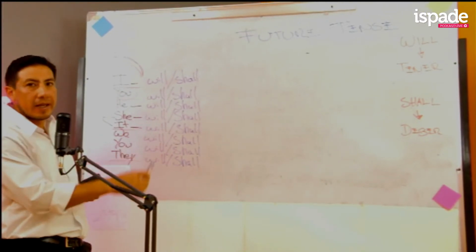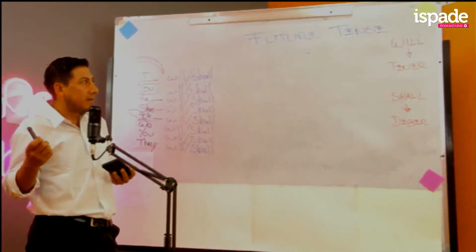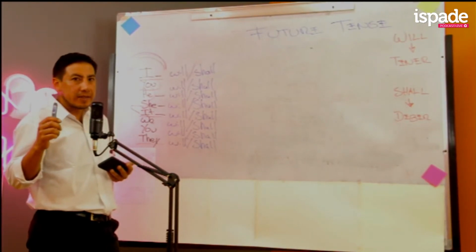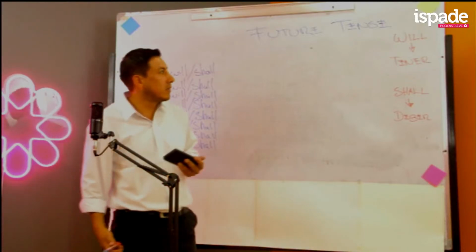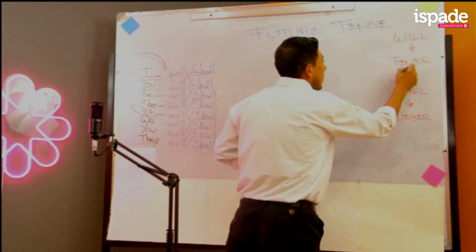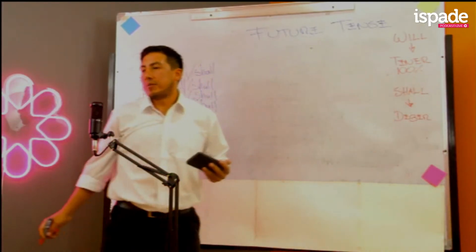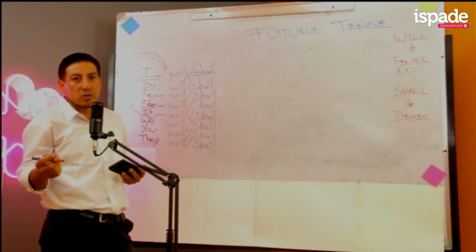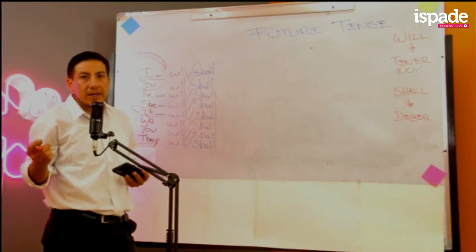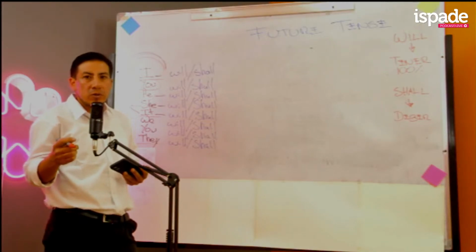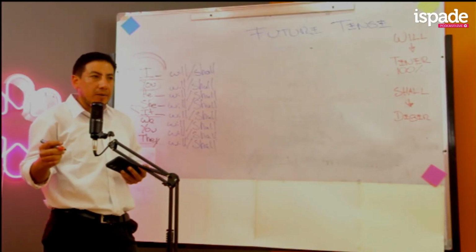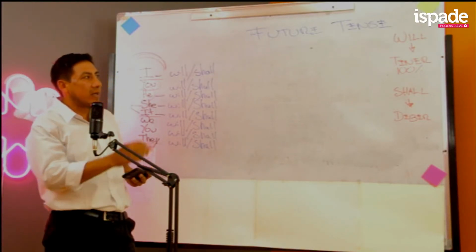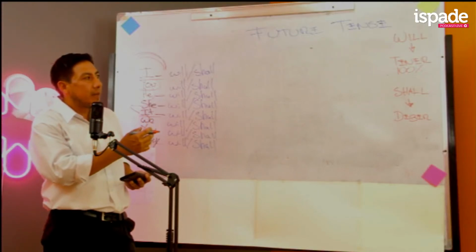So will, tener, it's an obligation to have. When you are using this, it means that you have the obligation, so it's 100% that you will have to do it. Why is it 100%? Because it's an obligation. I have to do something. For example, I have to work, I have to study. Yo tengo que trabajar. Yo tengo que estudiar. So it's an obligation. That's why it's 100%. But shall, deber.